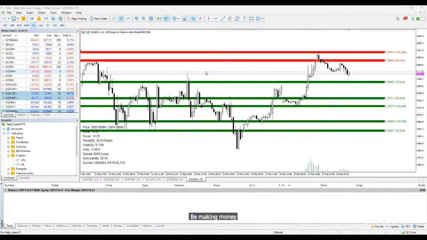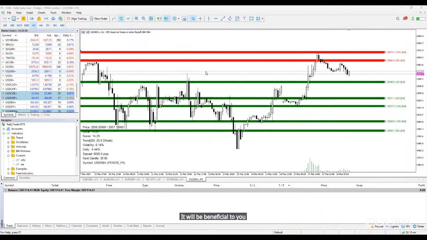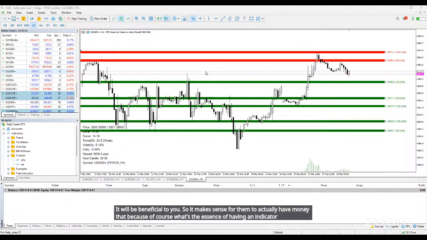If you deposit 1 million into your account, apply this indicator to your chart, and place a standard lot, 2 standard lots, or even a mini lot, and you make maybe 100,000, 200,000, 500,000, you will know it is beneficial to you. So it makes sense for them to have money there, because what's the essence of having an indicator if you don't have money to trade it? When you have an indicator and you have money to trade it, it makes sense.